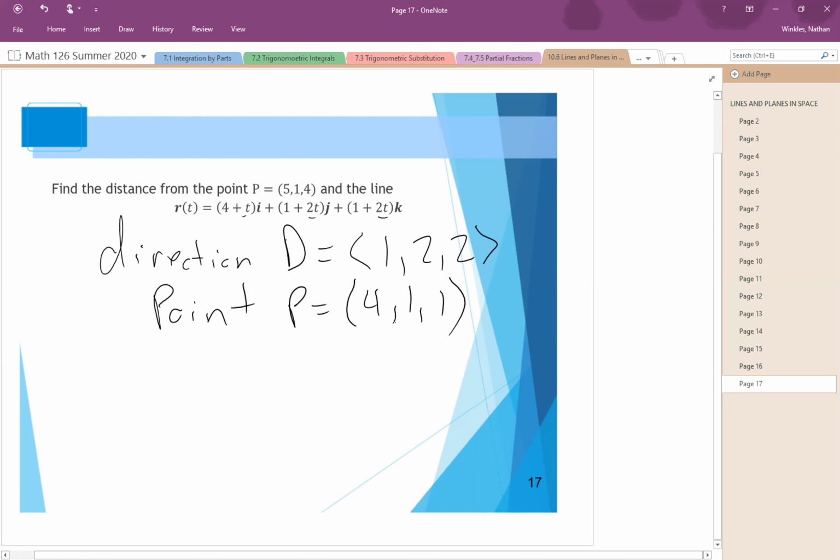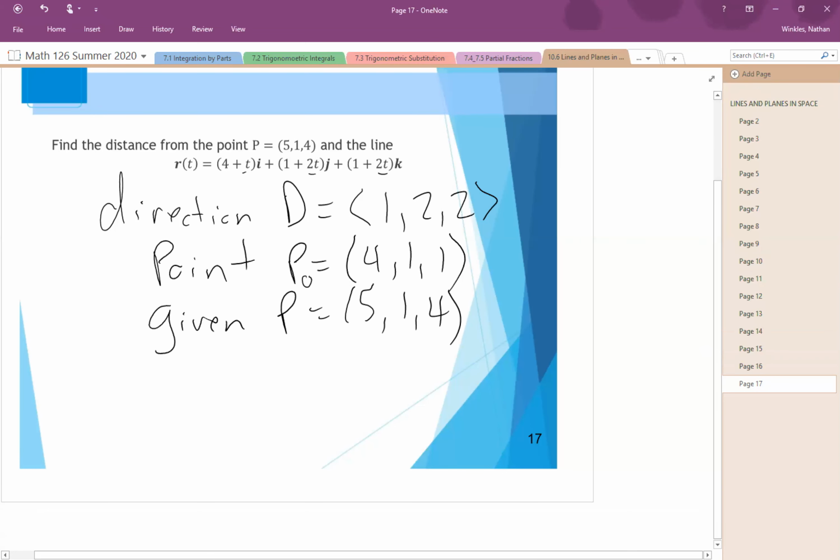Using the point that they gave us, P equals (5, 1, 4), let's denote the point that we found, (4, 1, 1), as P0.